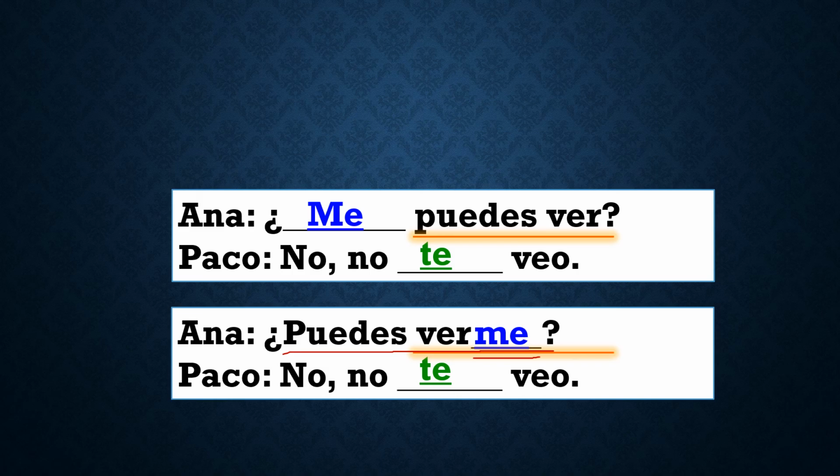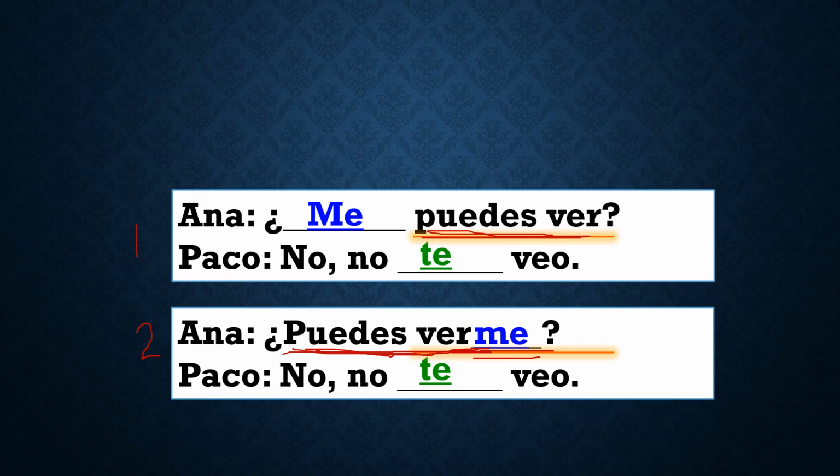Puedes verme, and we stuck it right onto the end of ver, right? So right on to the end of that infinitive verb. That's your option. You've got two options when you have a verb phrase or more than one verb working together.